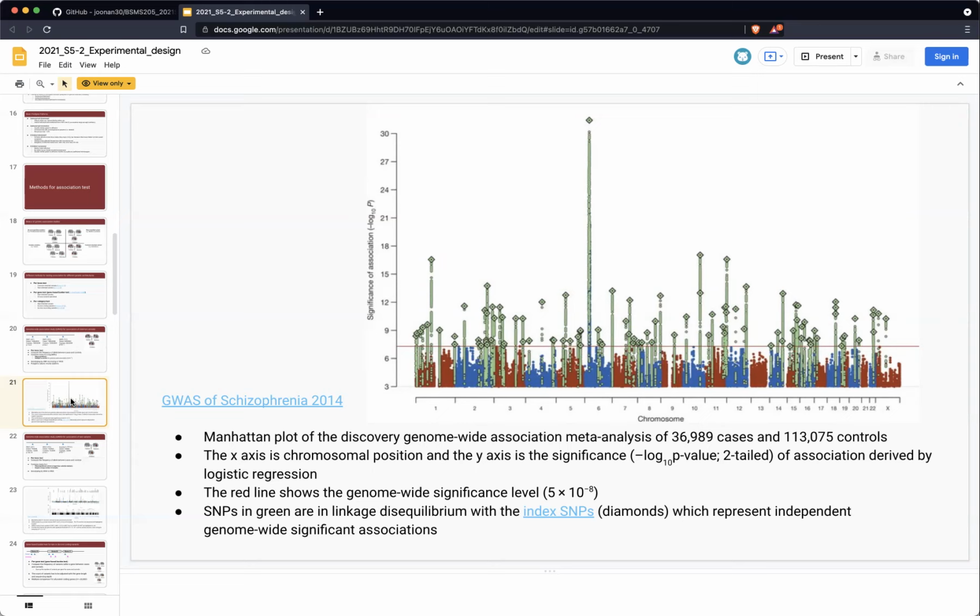So people doubted GWAS research and claimed it was not going to work in biological research. And surprisingly, to date, some people still think this way.